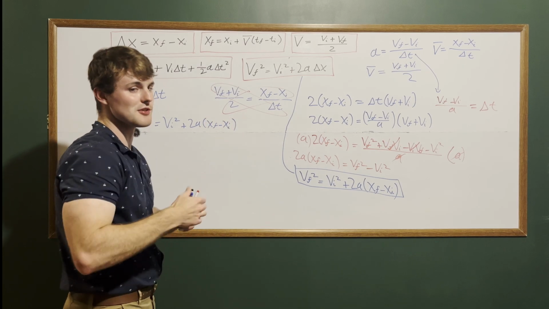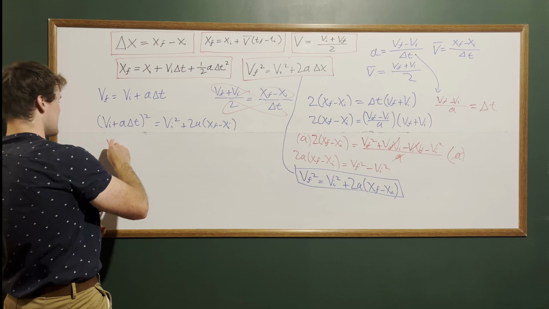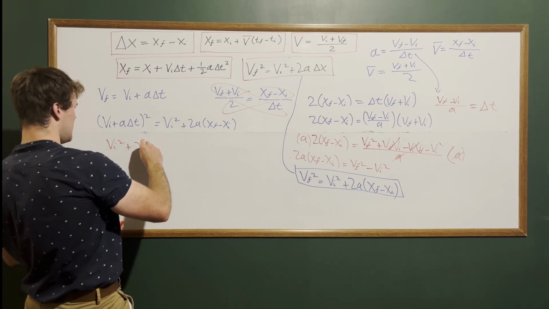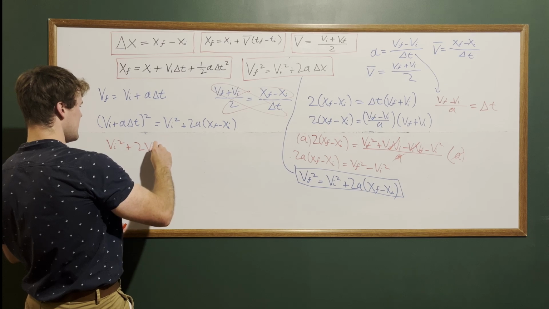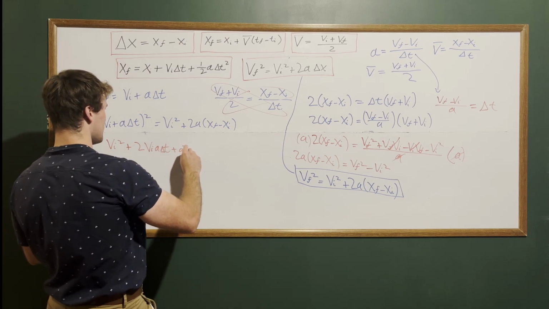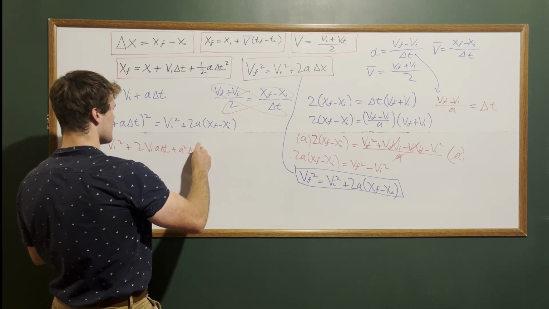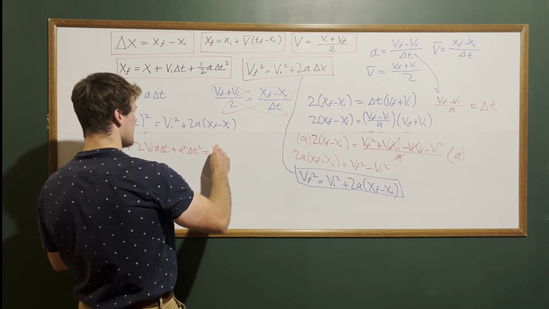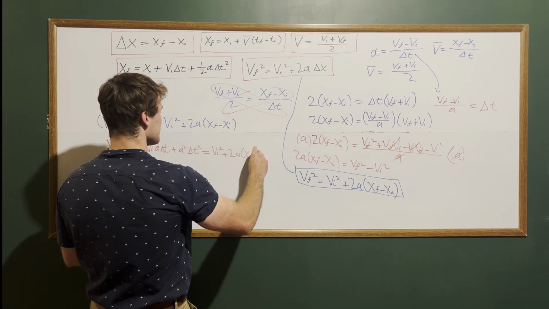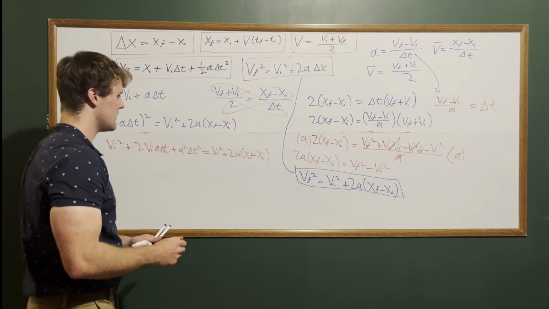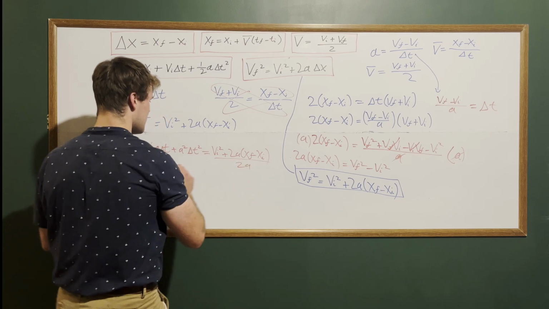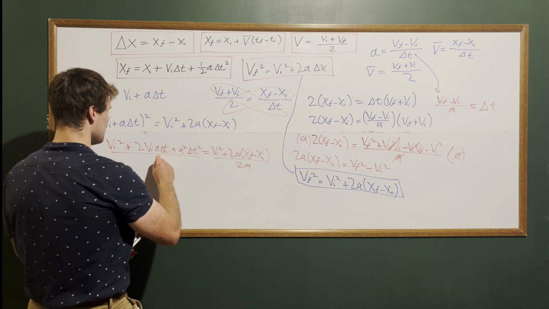Okay, just a few more steps. vi squared plus 2 vi a delta t plus a squared delta t squared equals vi squared plus 2A(xf - xi). Let's divide both sides by 2A.